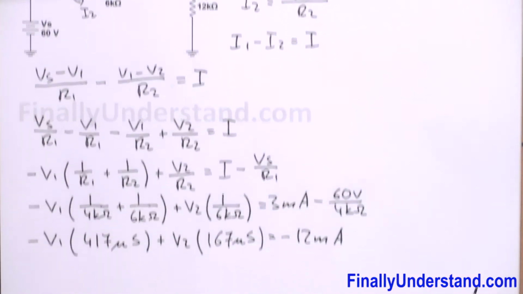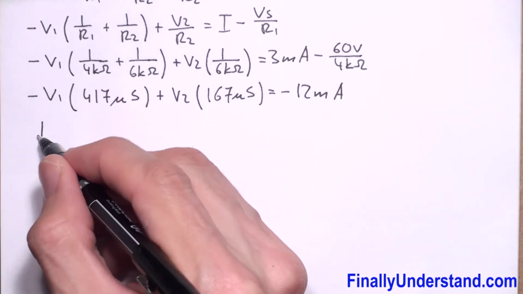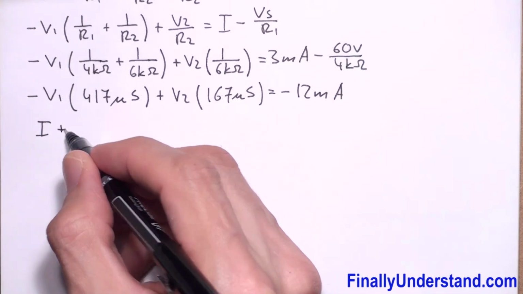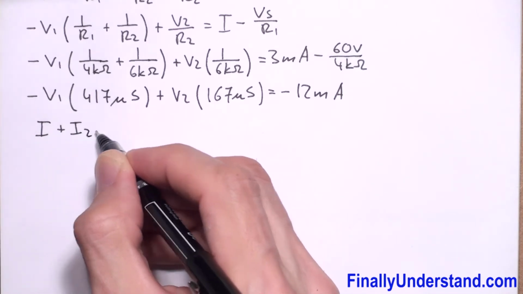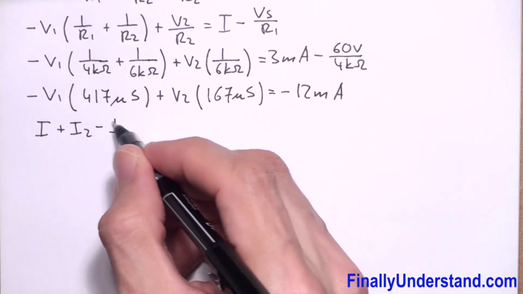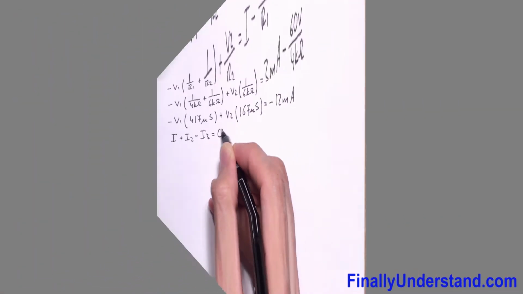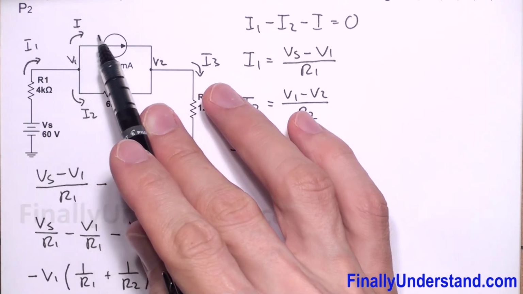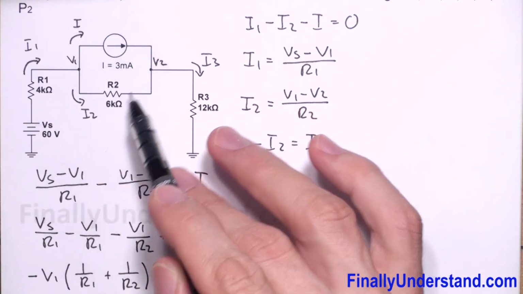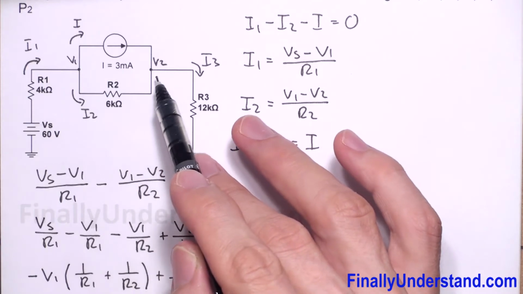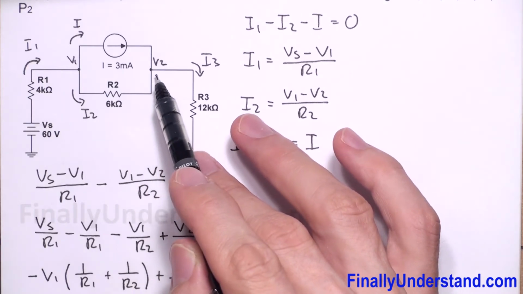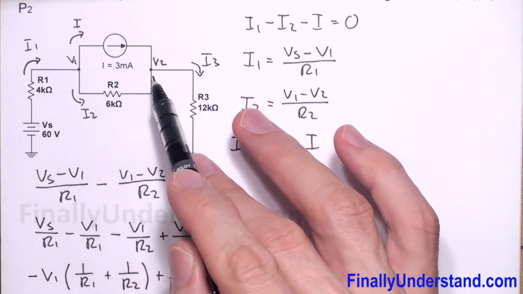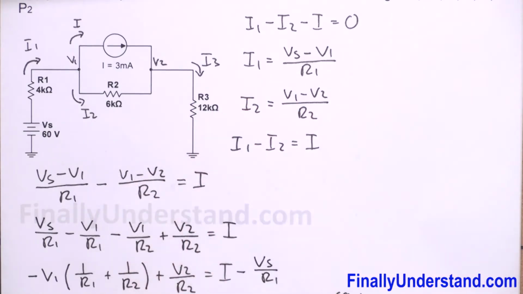That's why I'm going to write that I is positive because it's coming to the node, plus I2 minus I3 is equal to 0. Let me make myself clear one more time. I is going to the node 2, and I2 is going to the node 2 also. I3 is leaving, that's why these two currents are going to be positive, I3 is going to be negative, and everything is equal to 0.